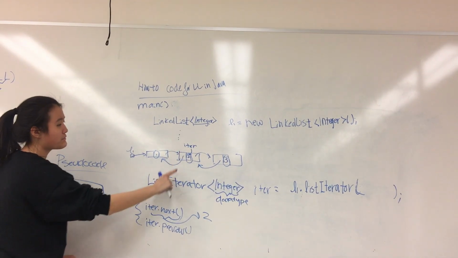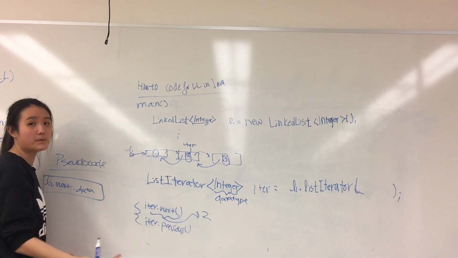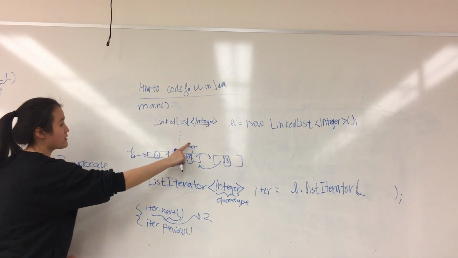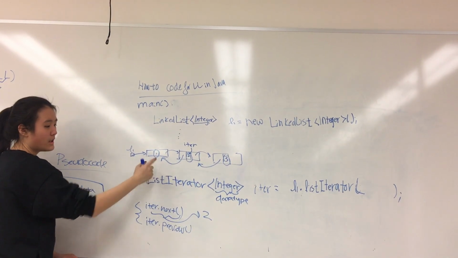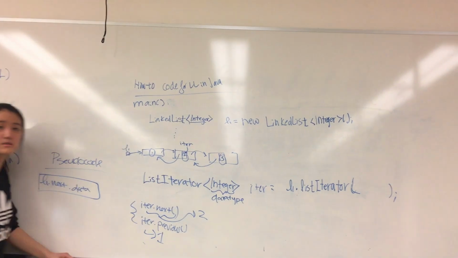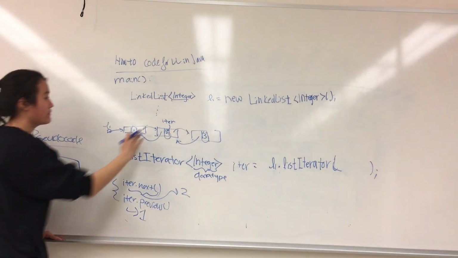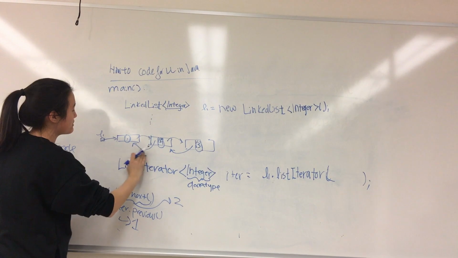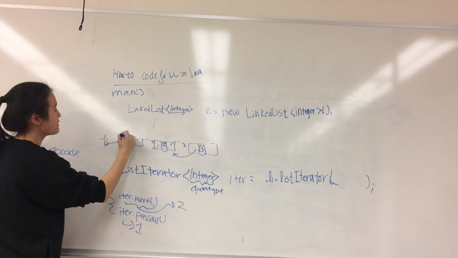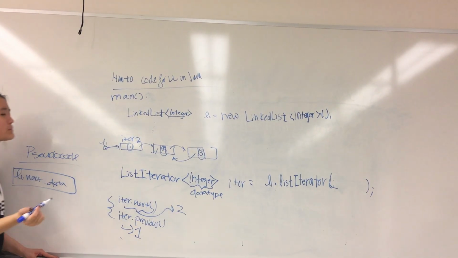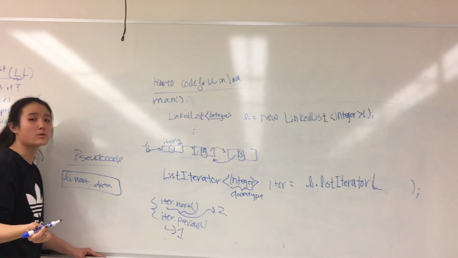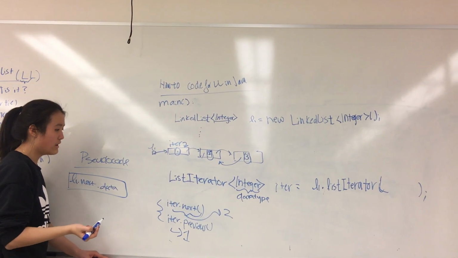Now that iter is here, if we wanted to do iter.previous and get the element there, we're going to go to the previous node, and the data there is 1. So that's basically what iterators are. And you're probably going to have to use it in one of the homework assignments for the semester.